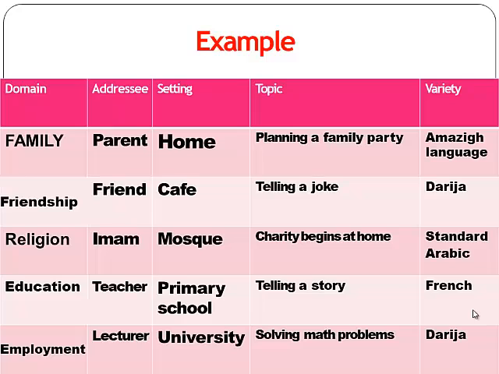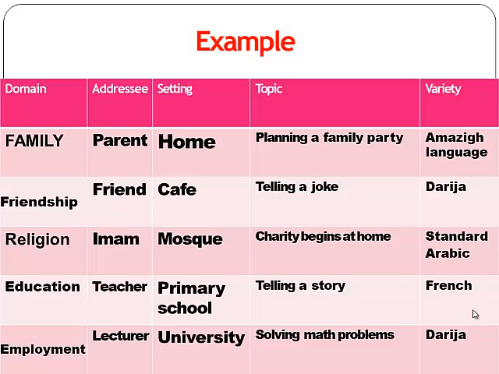Another example is the domain of friendship. The addressee is a friend of mine. The setting is in a cafe. The topic is telling a joke, and the variety we are using to tell jokes to each other is Darija.